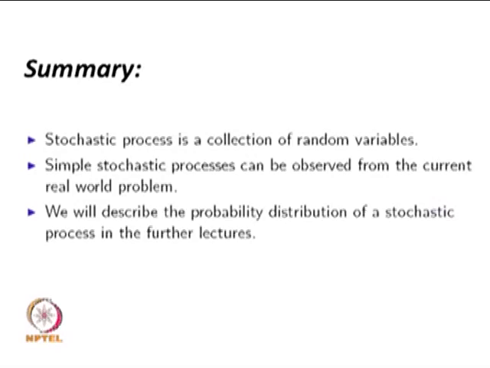So, in this lecture, what we have seen is the meaning of a stochastic process, or how to create a stochastic process. That is nothing but a collection of random variables. So we have defined the stochastic process as well as how to create it. Then later we have given what a parameter space and a state space are, and we have given the classification of a stochastic process based on the parameter space and the state space.